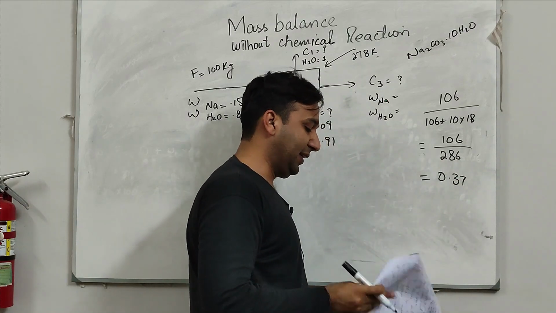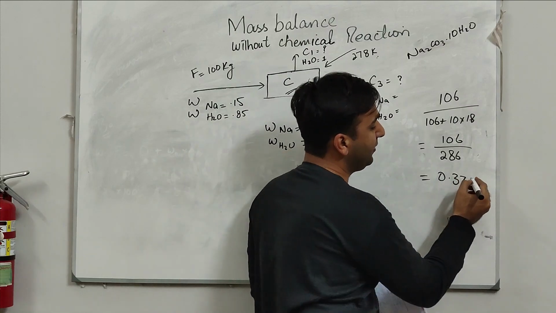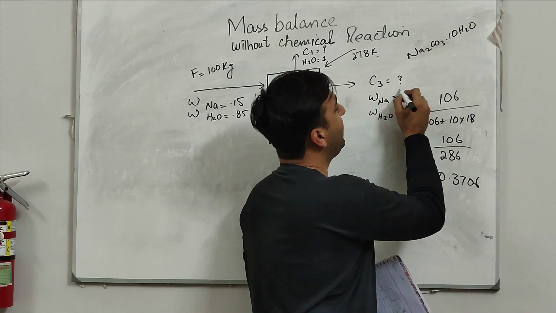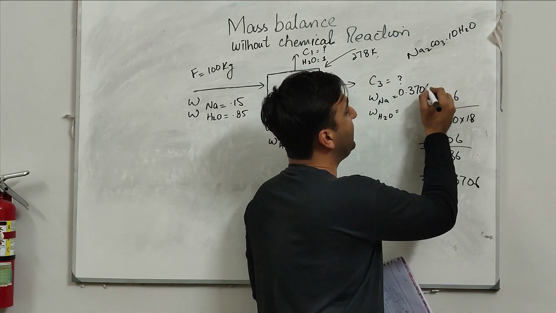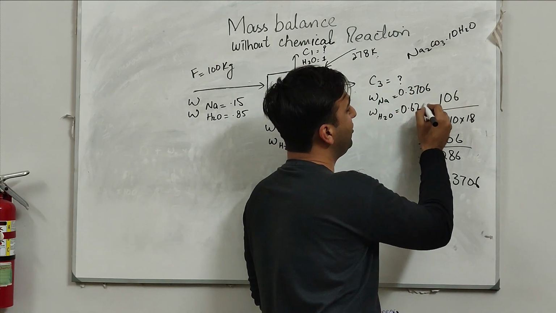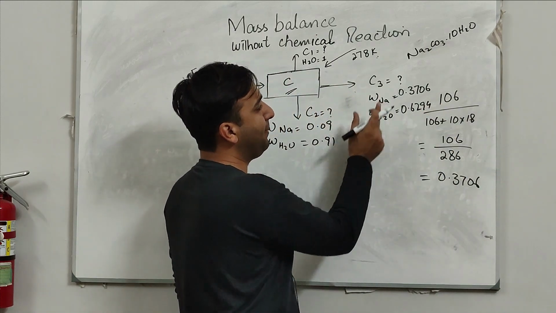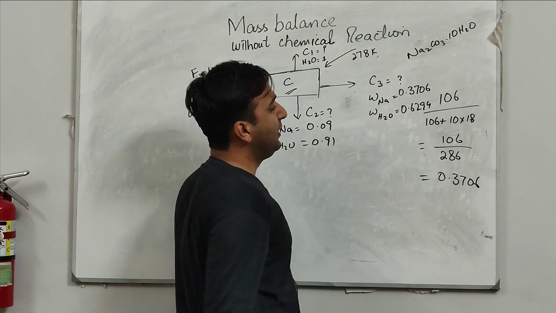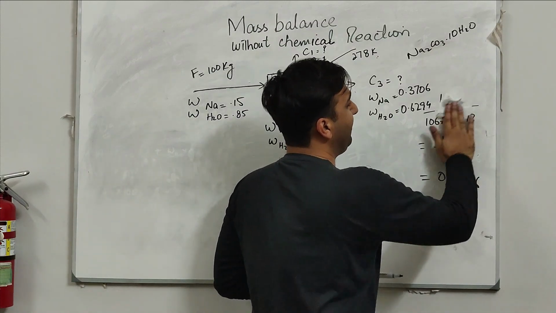Let me see the exact value. It is 0.3706. So the mass fraction of sodium carbonate will be 0.3706 and the remaining will be water, 0.6294. In this way you have found the mass fractions of sodium carbonate and water in the crystal. So I will write it.